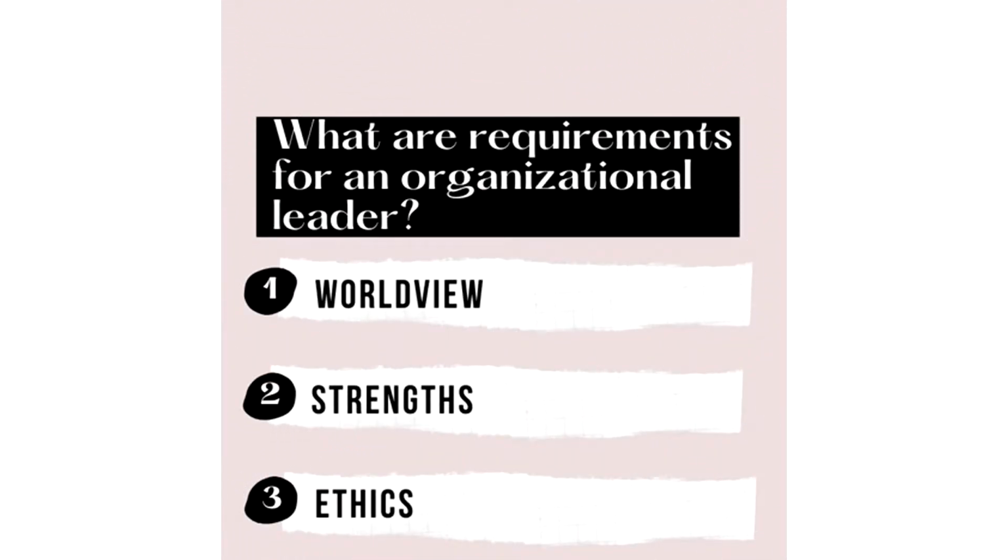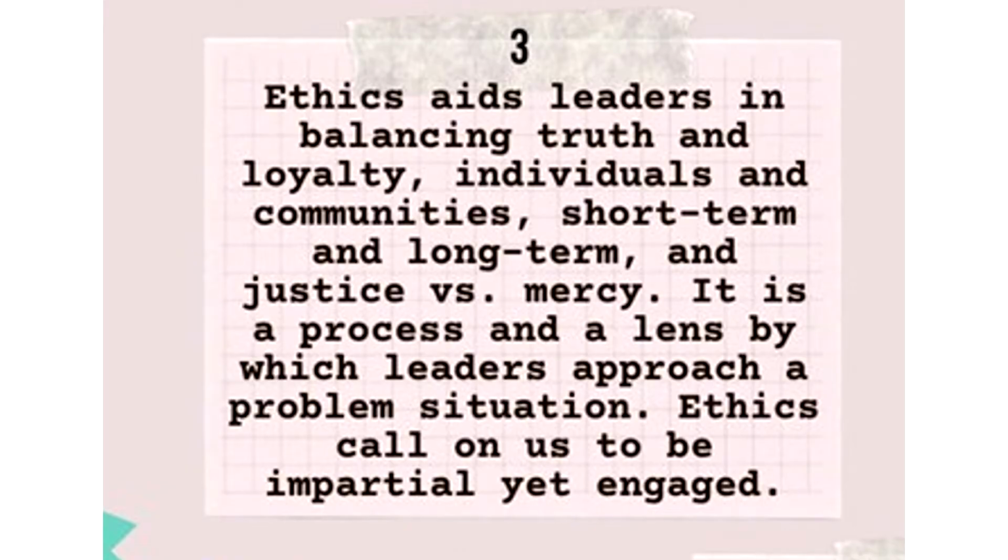Ethics. Organizational leadership requires ethics. Ethics aids leaders in balancing truth and loyalty, individuals and communities, short-term and long-term, and justice versus mercy. Ethics is not an inoculation or a compromise. It is a process and a lens by which leaders approach a problem situation.